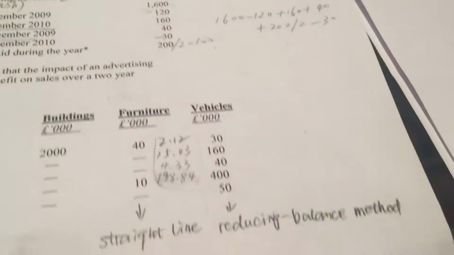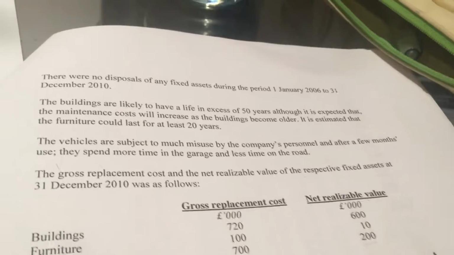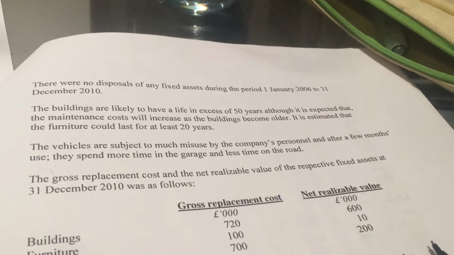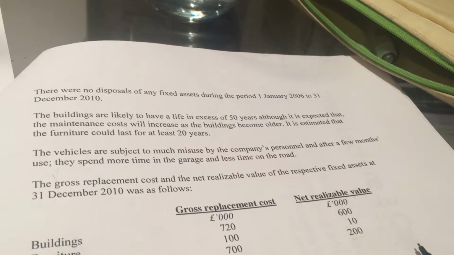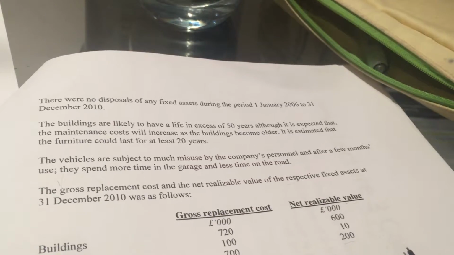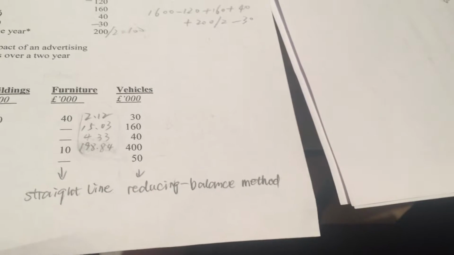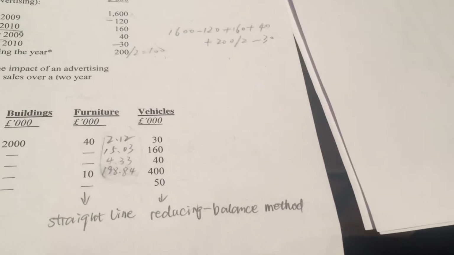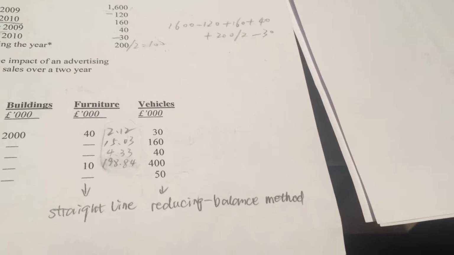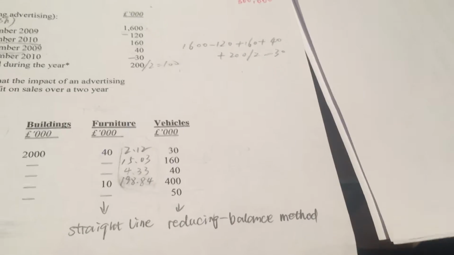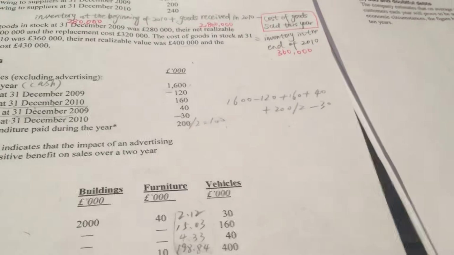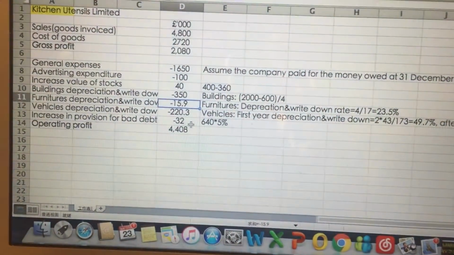Finally, for the vehicles, this case mentioned the vehicles in the first few months were used more than afterwards, so we should use the reducing balance method here, which means in the first year we should double the depreciation rate, and afterwards we should use only the normal depreciation rate.